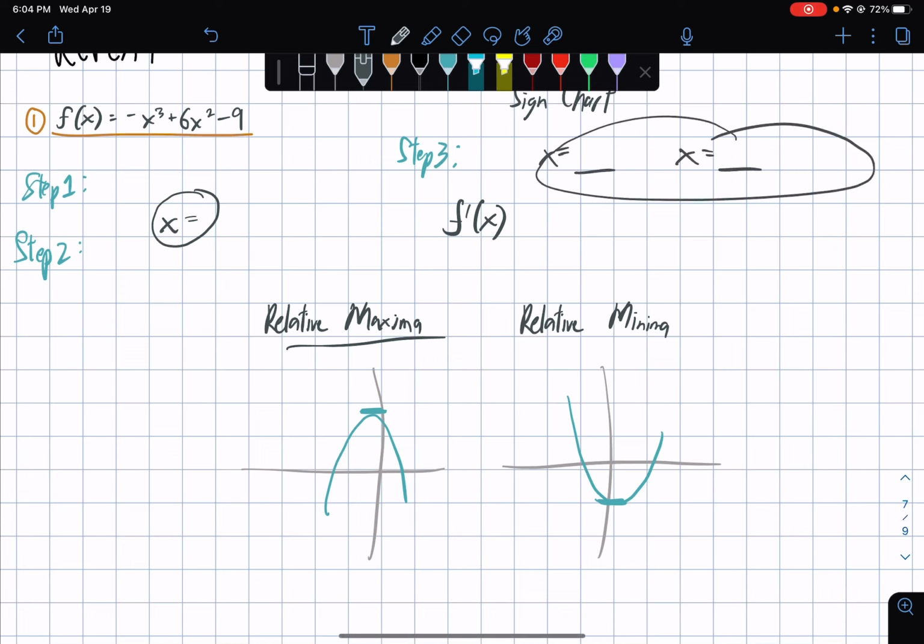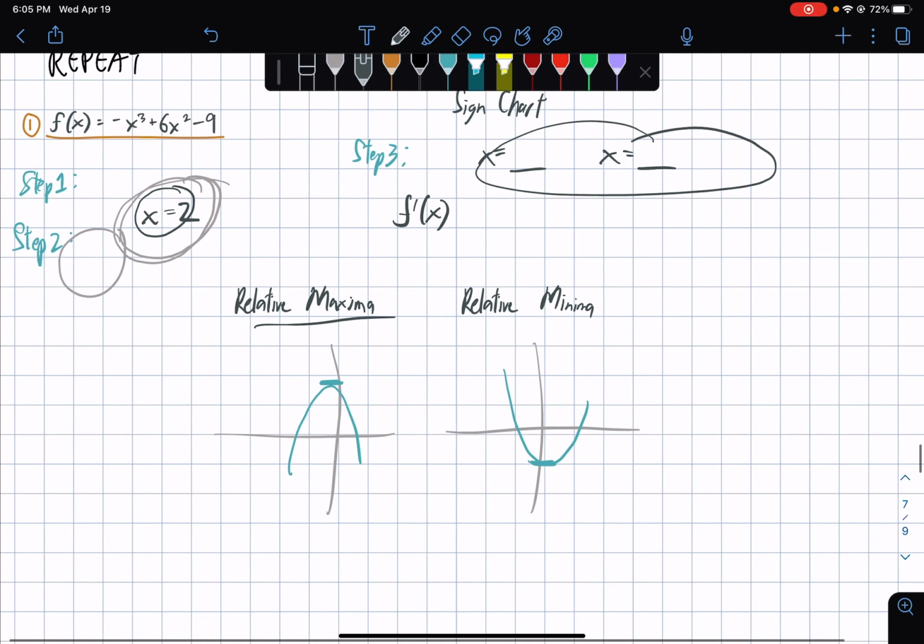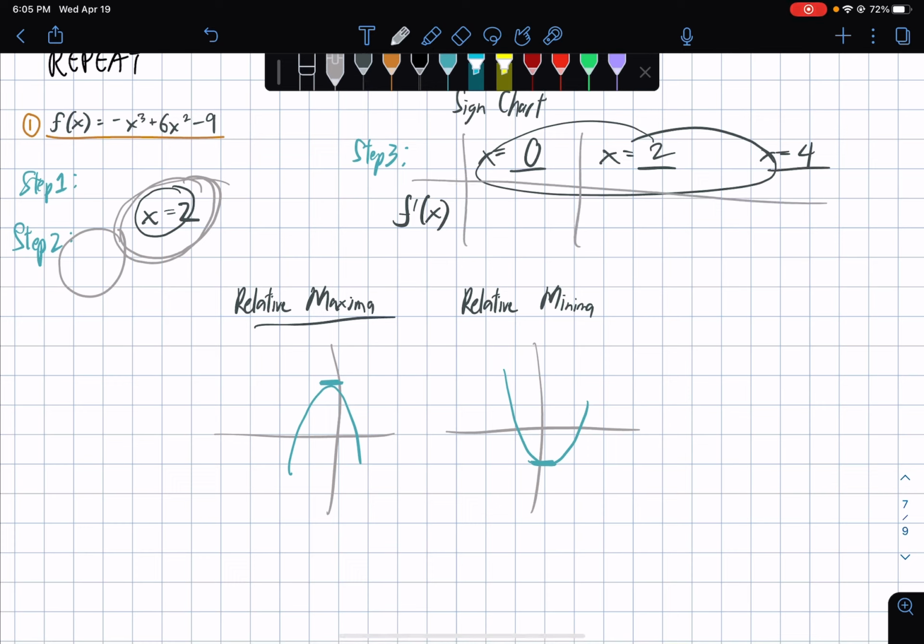These test points are determined depending on what our x is in the first place, something that we'll be finding in step 2. So for example, x is equal to 2, then our 3 test points for that would be 0, 2, and 4. We'll be tackling more on that later.